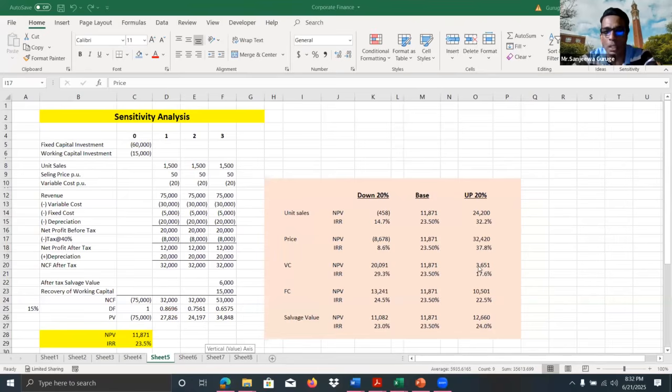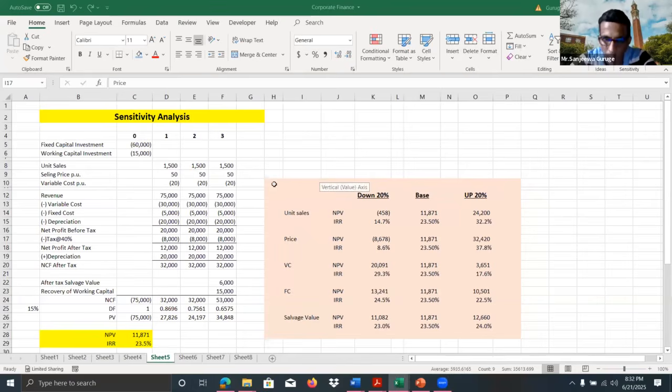11,000 has changed to 3,000. But what is the impact when the salvage value decreases? 11,800 has changed only to 11,008. Very small impact. So the least sensitive variable is salvage value. Even if the estimation of the salvage value is not very accurate, that is not a problem.